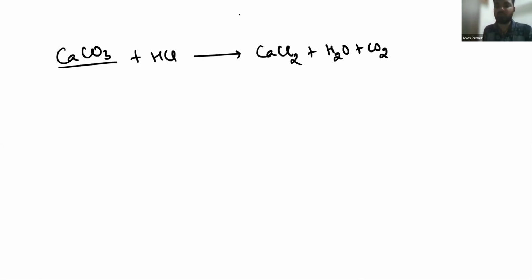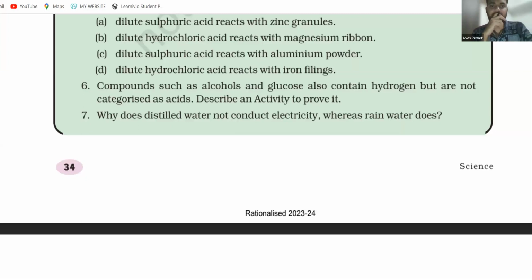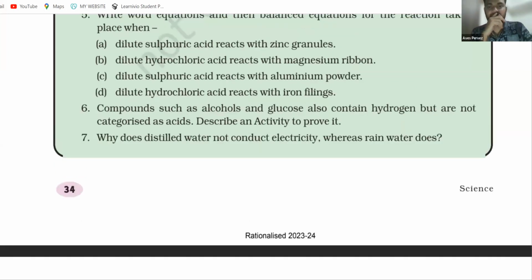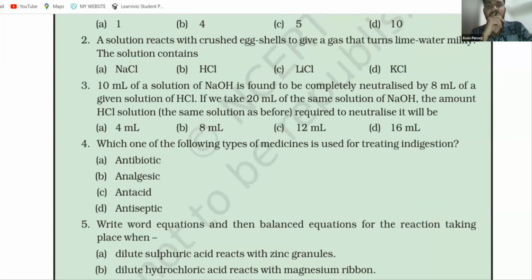Let's check some important questions from the NCERT. Okay, here it is.